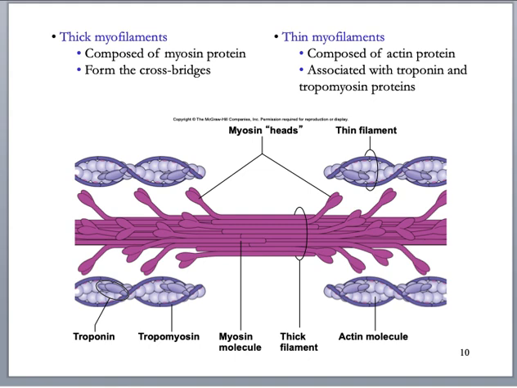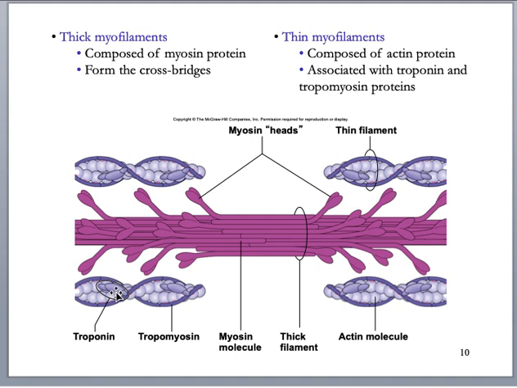So the way that happens is upon stimulation by a motor neuron, calcium gets dumped into the sarcoplasm from the sarcoplasmic reticulum, okay? So the sarcoplasmic reticulum dumps calcium out, and because there is a calcium binding site on troponin, guess what? Calcium is going to bind to troponin.